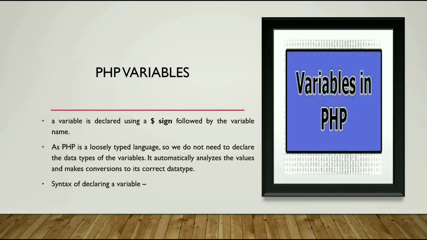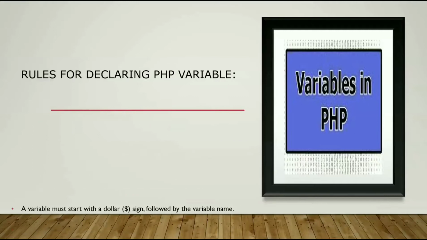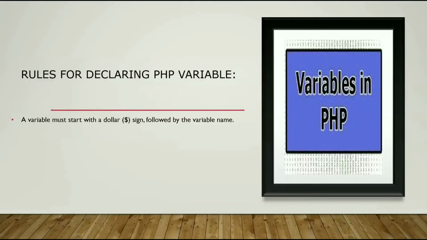So what will be the syntax of the variable? $variable_name equal to value, and each and every variable declaration ends with the semicolon. So there are some rules for declaring the PHP variables.